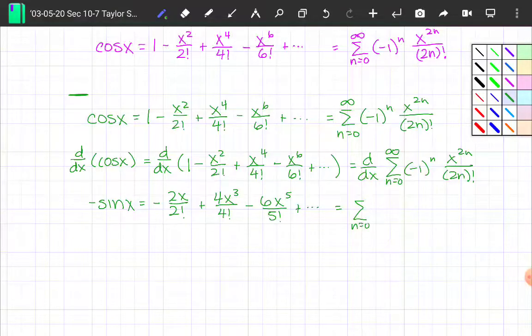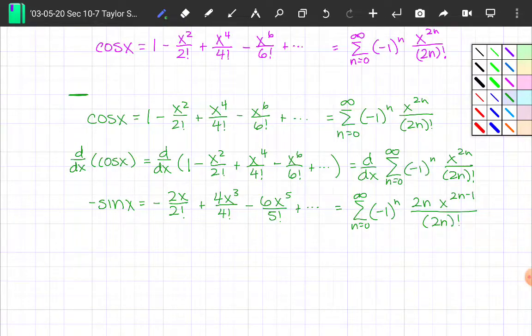again, the negative 1 to the nth power is not dependent on x. So multiply through by the exponent, decrease the exponent by 1, and then, oops, wait a minute. That bottom part doesn't change yet.